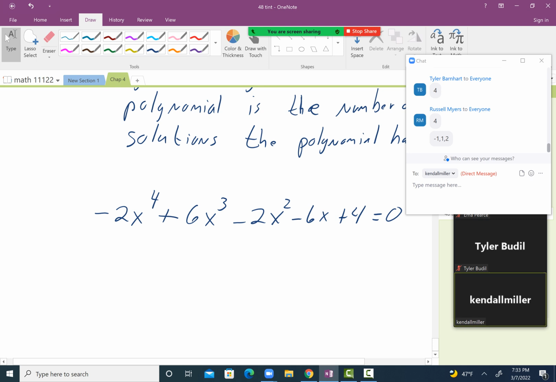I'm only seeing 3 x-intercepts. Okay, so tell me about those. I have negative 1, 1, and 2. Okay. Is anything happening special at any one of those x-intercepts?